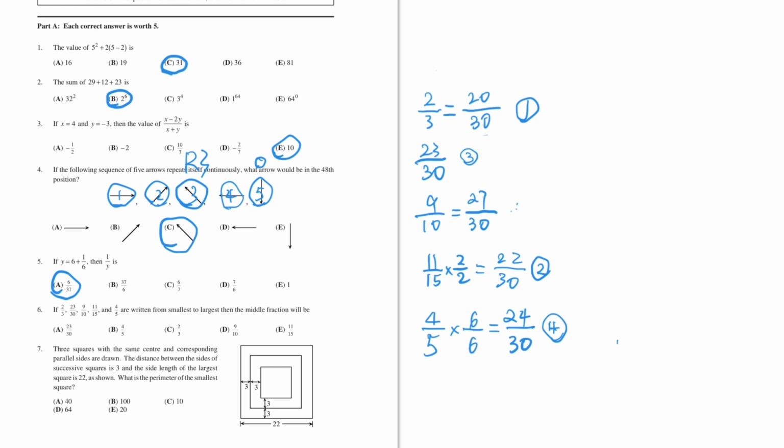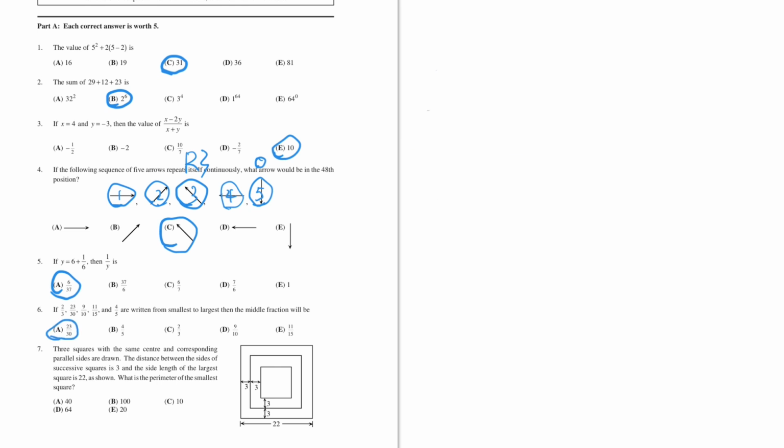Largest is 27 over 30. So they ask, what's the middle fraction? Of the 5 numbers, the middle fraction is the third, that's 23 over 30. That's the answer A.